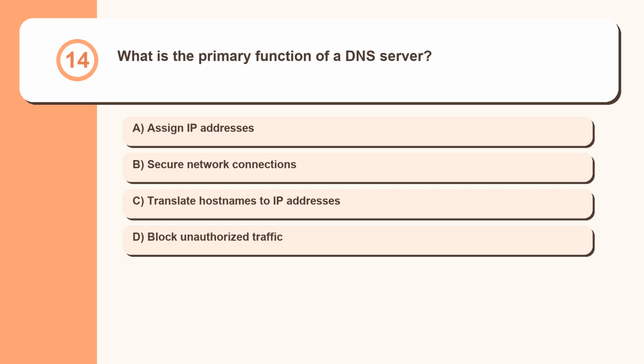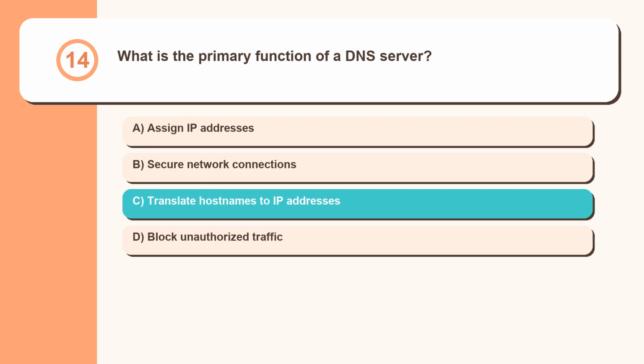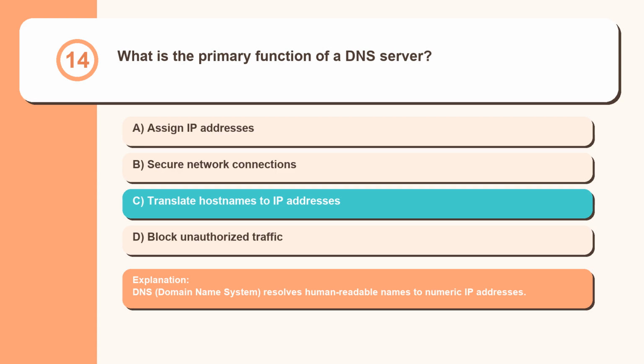Question 14. What is the primary function of a DNS server? Assign IP addresses, secure network connections, translate host names to IP addresses, block unauthorized traffic. DNS, Domain Name System, resolves human-readable names to numeric IP addresses.